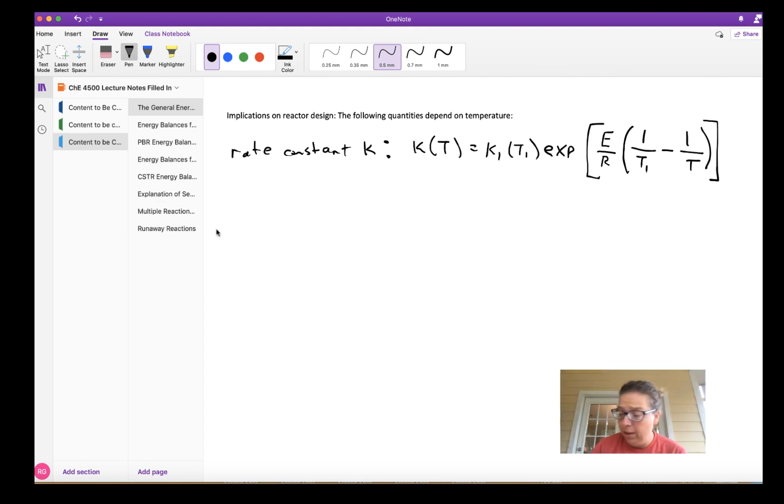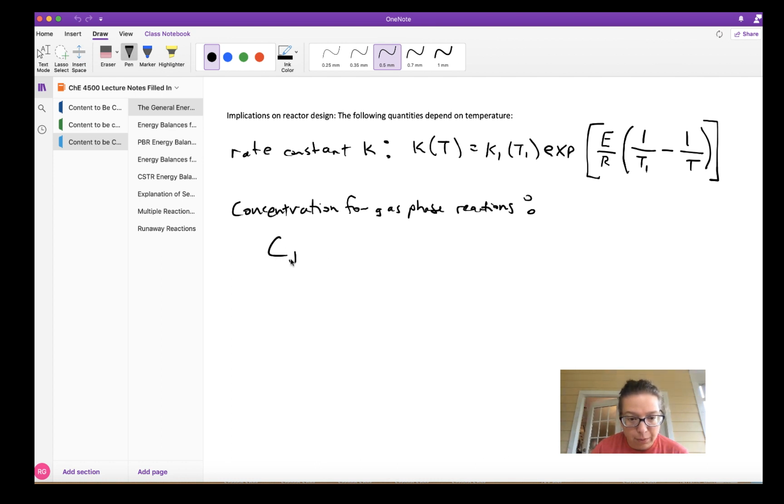Other quantities that are dependent on temperature, one is concentration for gas phase reactions. For liquid phase reactions, we assume the concentration is not dependent, or the dependence on temperature is minor. But for gas phase reactions, we know that the temperature influences the concentration.